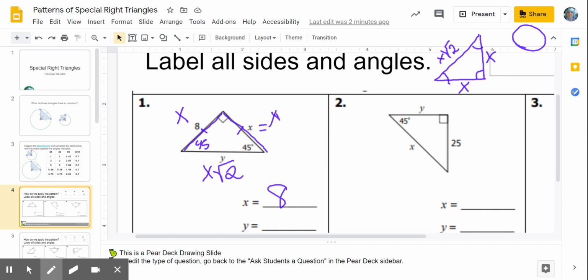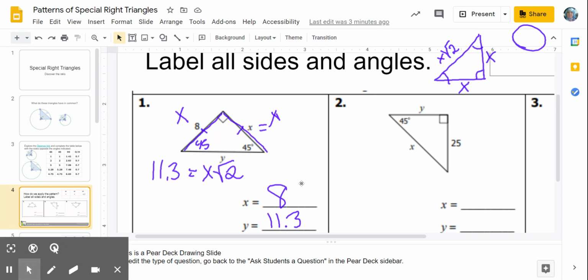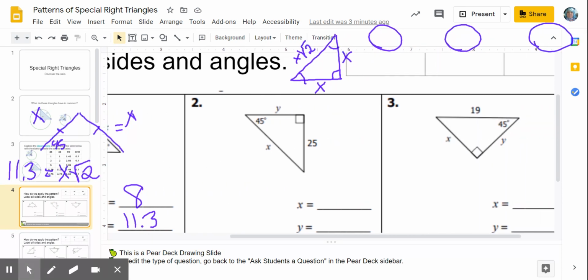What's that equal? Somebody get out a calculator. I got 11.3 as well. Hopefully everybody did. Okay, 11.3. So what do I know about question number 2? My two legs have to be what?